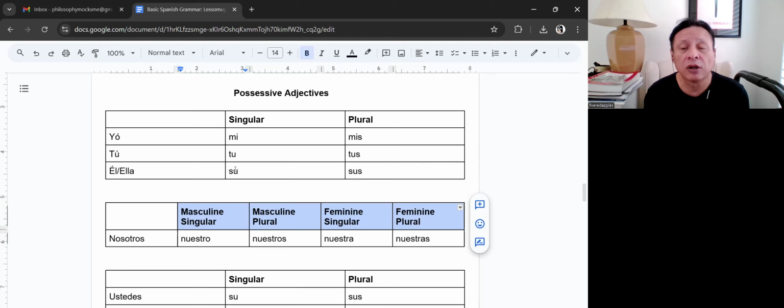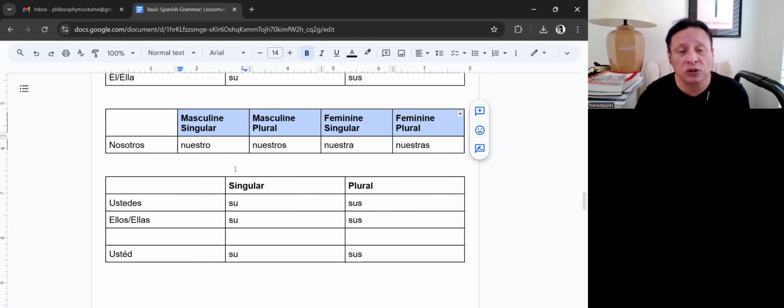Now the one possessive adjective that does matter for gender is the one that corresponds to us. It's not nosotros. Nuestro, masculine, singular: nuestro hermano. Hermano is masculine and singular. Nuestros, plural, hermanos, plural, both masculine: nuestros hermanos.